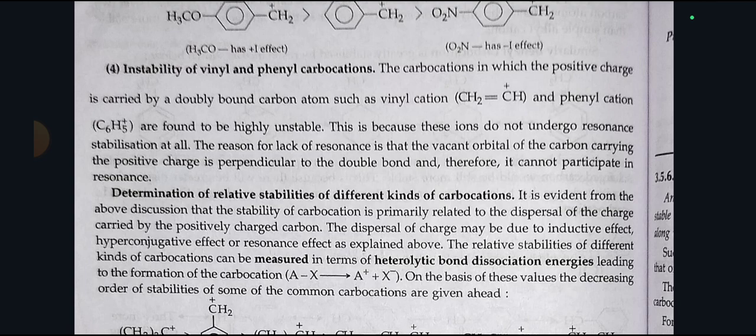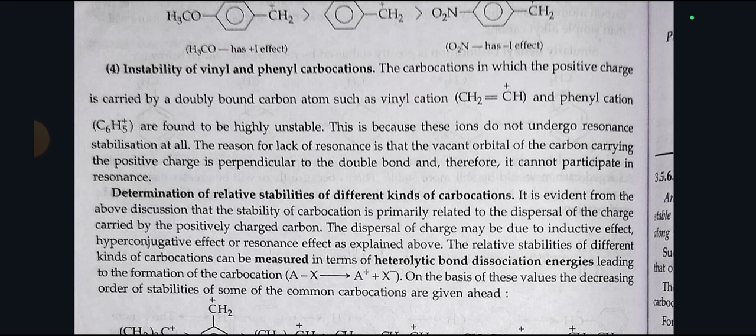Determination of relative stabilities of different kinds of carbocations. It is evident from the above discussions that the stability of a carbocation is primarily related to the dispersal of the charge carried by the positively charged carbon. The dispersal of charge may be due to inductive effect, hyperconjugative effect, or resonance effect as explained above.